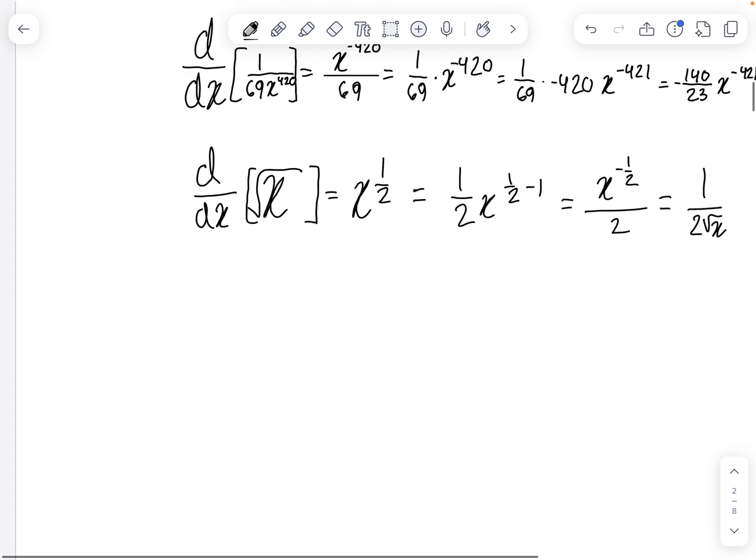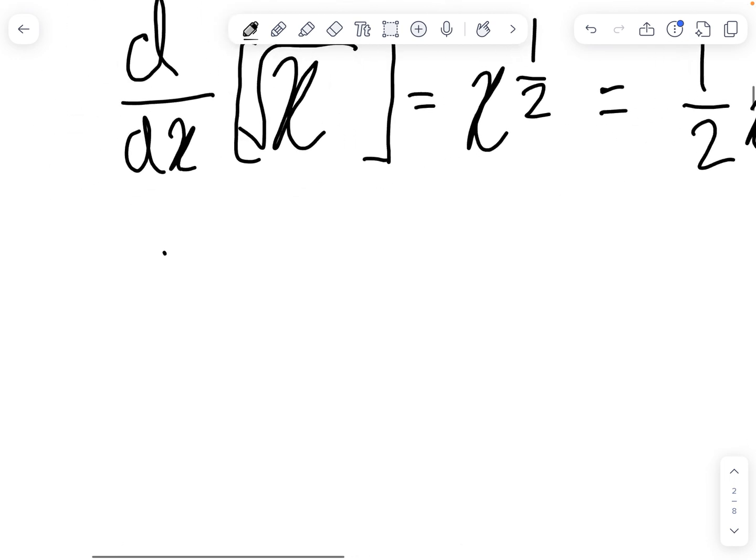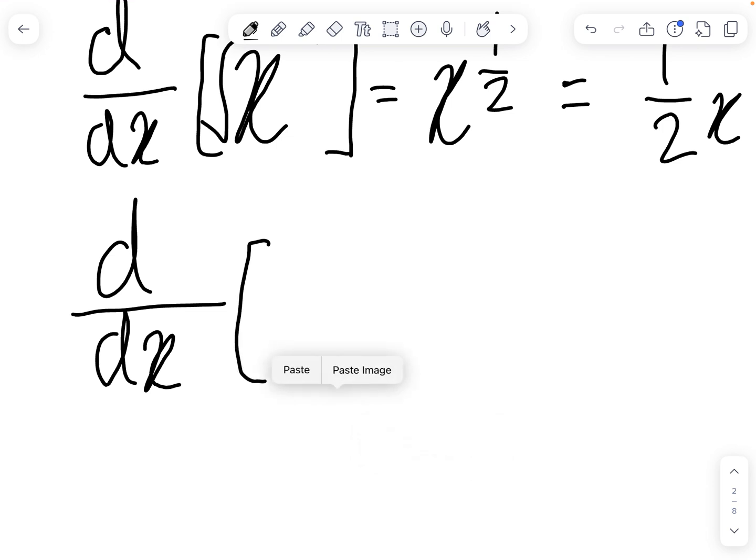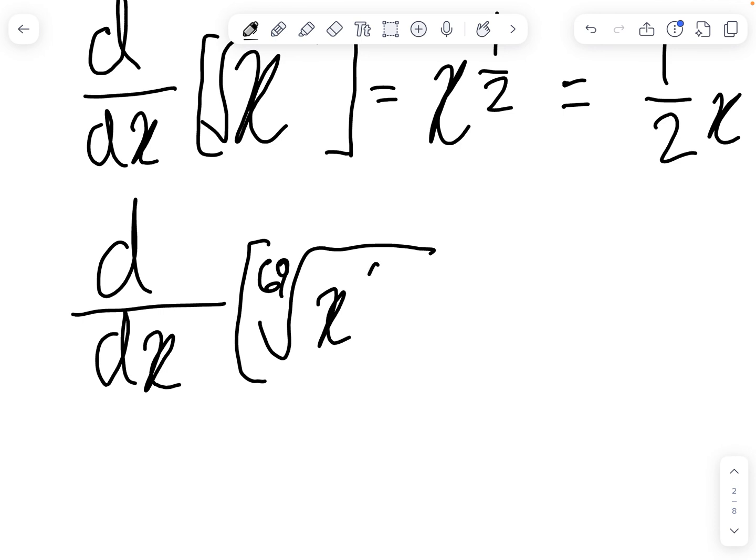So let's try another radical. What is the derivative of the 69th root of x to the power of 67?